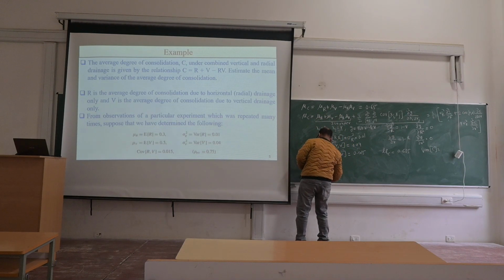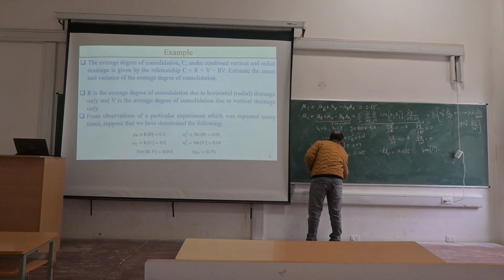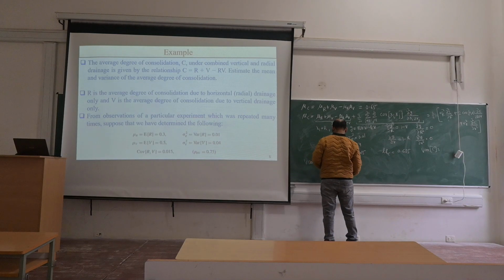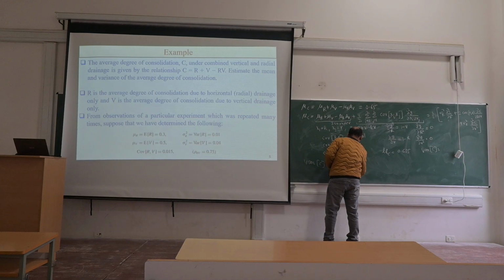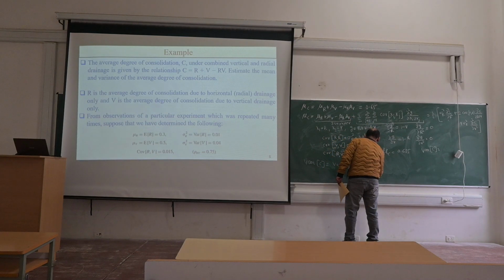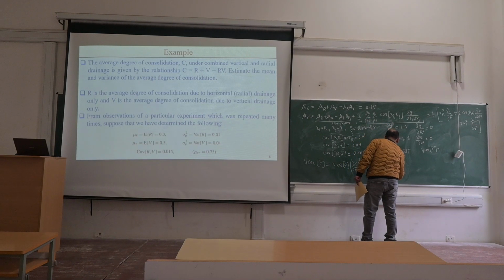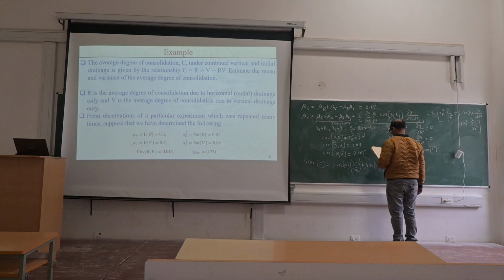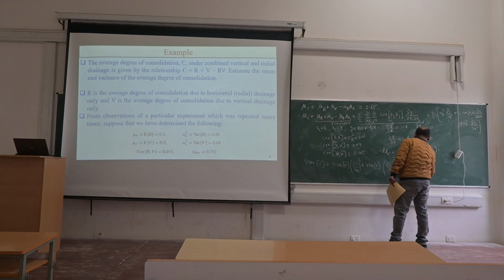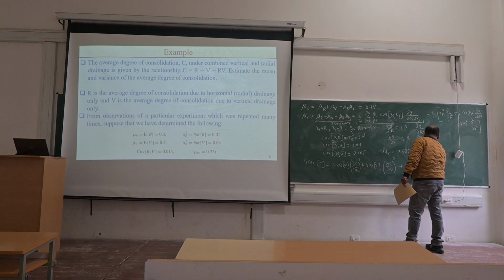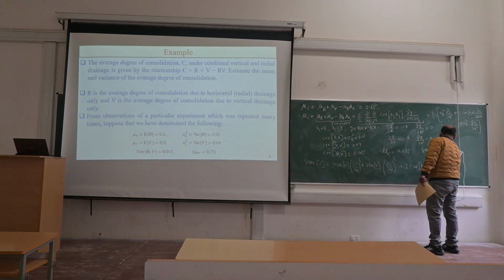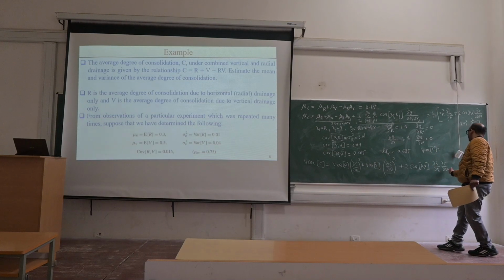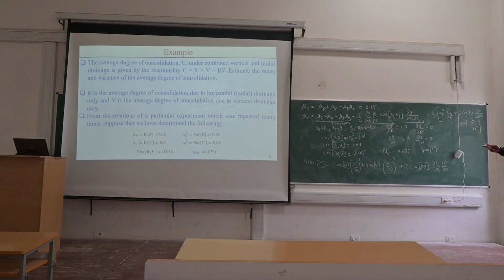In the expanded form, it is coming out to be variance of R (del C by del R) whole square, plus variance of V (del C by del V) whole square, plus 2 times COV(R, V) (del C by del R)(del C by del V). Right? This is the expression, right?